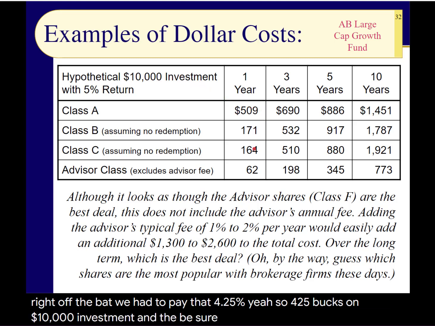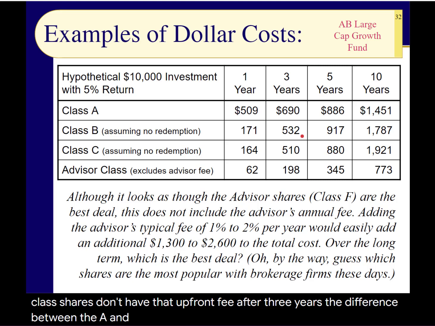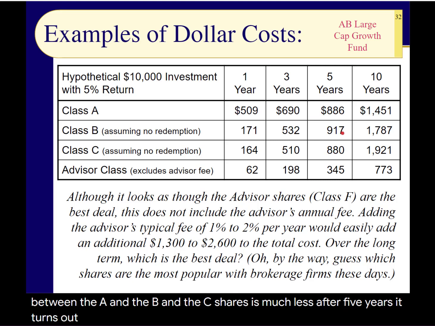And the B shares and the C shares and the advisor class shares don't have that upfront fee. After 3 years, the difference between the A and the B and the C shares is much less. After 5 years, it turns out, look, the B shares wind up costing us even more, and the C shares are not far behind.